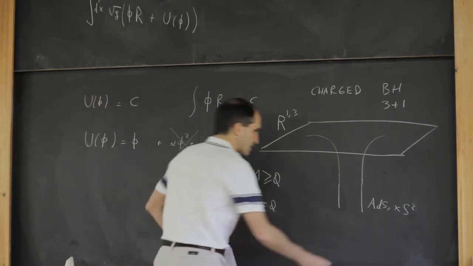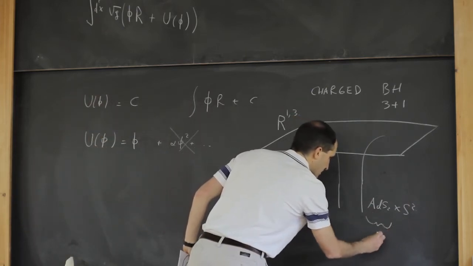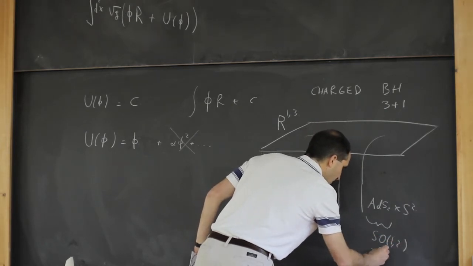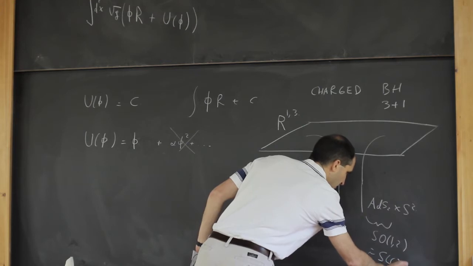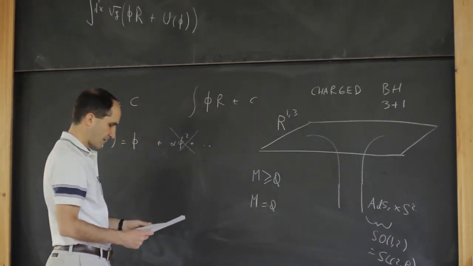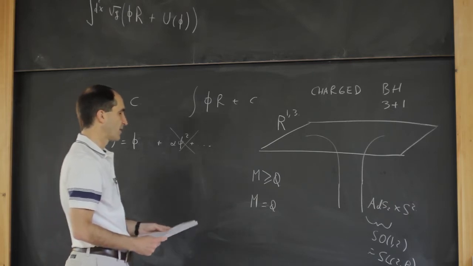So this has the so-called SO(1,2) symmetry, or sometimes called SL(2,R). Okay, very good. So that's this case.